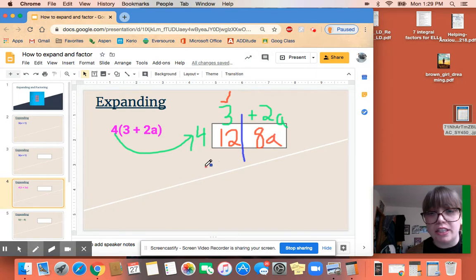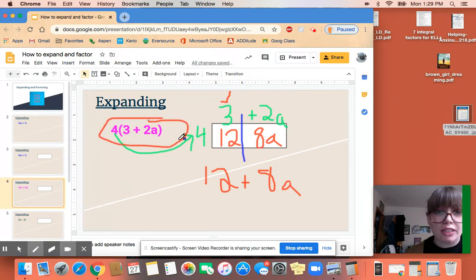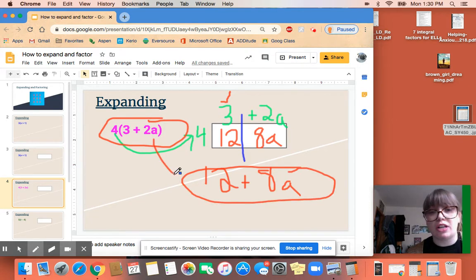Don't forget to rewrite your expression with the plus sign in between. Boom, done. 12 plus 8a. So this pink expression is actually the same exact thing as this orange expression. These are identical. It's just I've taken this 4 and distributed it to the pieces inside the parentheses.